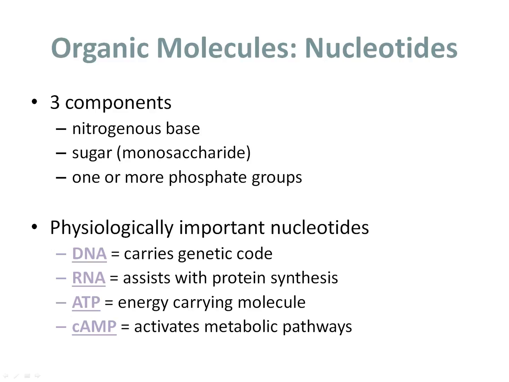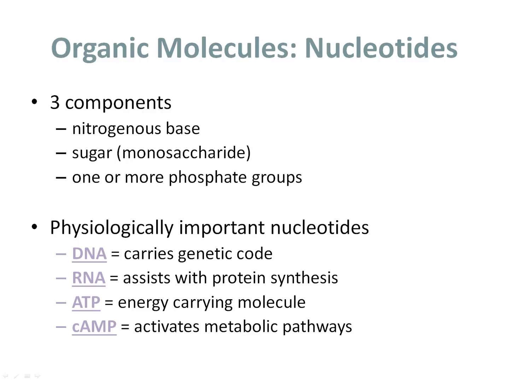Our final organic macromolecule is nucleotides. Nucleotides have three components: a nitrogenous base, a sugar, that's going to be one of those pentose sugars, and one or more phosphate groups.